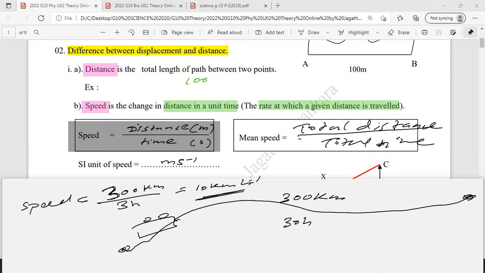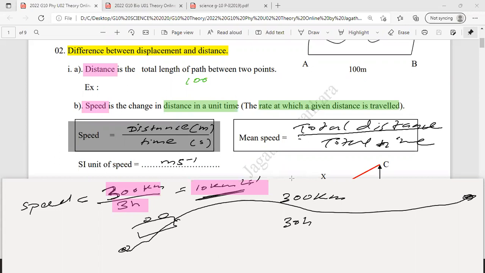The 300 kilometers in 3 hours gives the mean speed. It doesn't mean that throughout the journey it's going at the same speed unless they mention constant or uniform speed. That's why we need to calculate the mean speed or average speed.